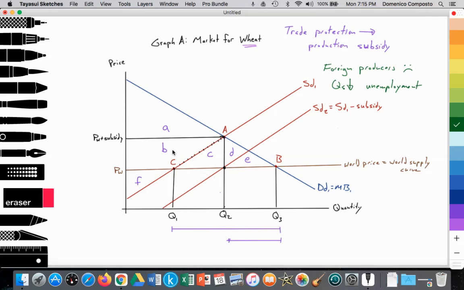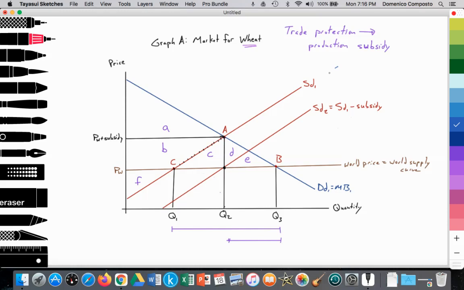Last point is allocative efficiency, global allocation of resources. So global allocative efficiency is negatively impacted.